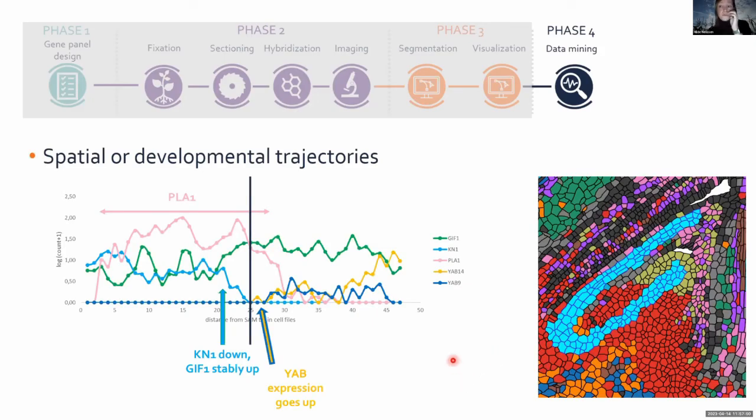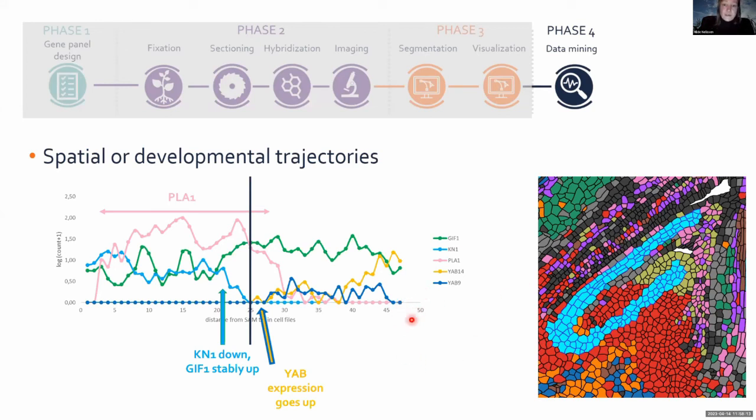It also allows us to reconstitute trajectories. In this case, this is one that we selected ourselves. We took a path going from the tip of the meristem, which is position 0, and we took different cell files until we reached the tip of P2, which is the second primordium.